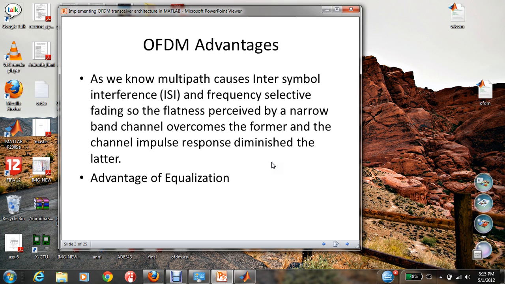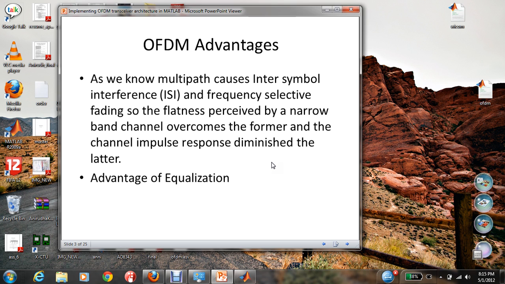The flatness perceived by a narrowband channel overcomes the intersymbol interference, and the frequency selective fading and the channel impulse response effect is diminished. That is how it removes the intersymbol interference.